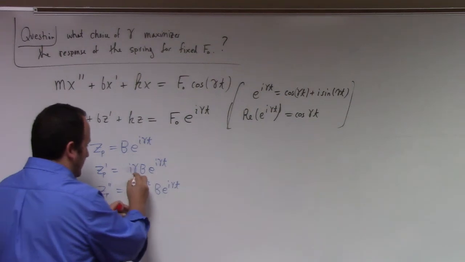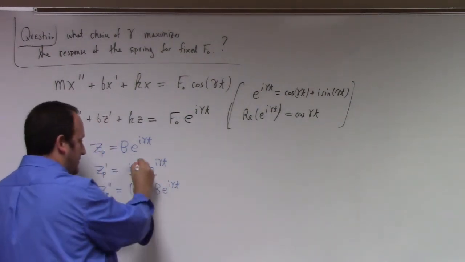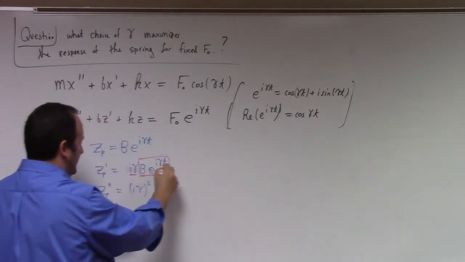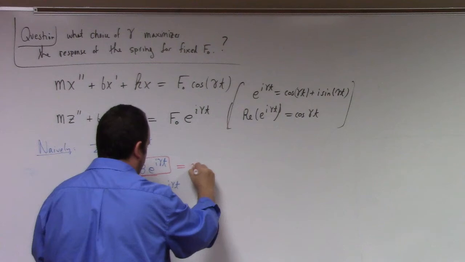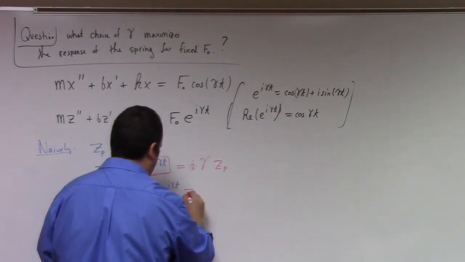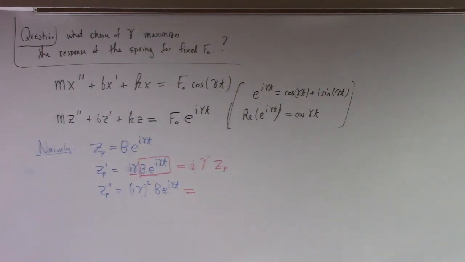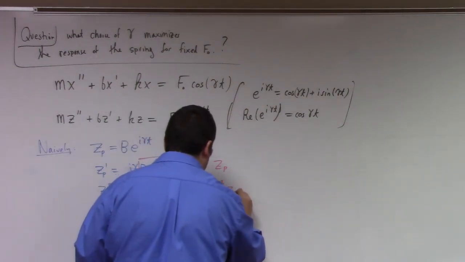See, this is i gamma times b e to the i gamma t, but that is z_p. So we've got i gamma z_p. And likewise, z_p double prime is minus gamma squared z_p.